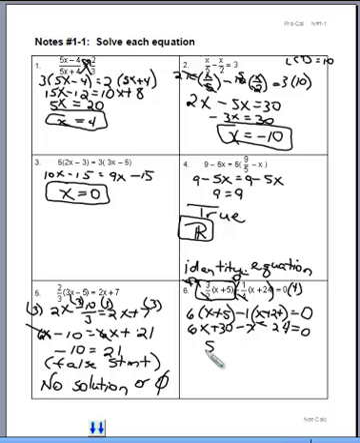All right, 6x minus x is 5x. And 30 minus 24, that's going to be plus 6, equals 0. Subtract 6 from both sides. 5x equals negative 6. Dividing by 5, then, x is equal to negative 6/5.